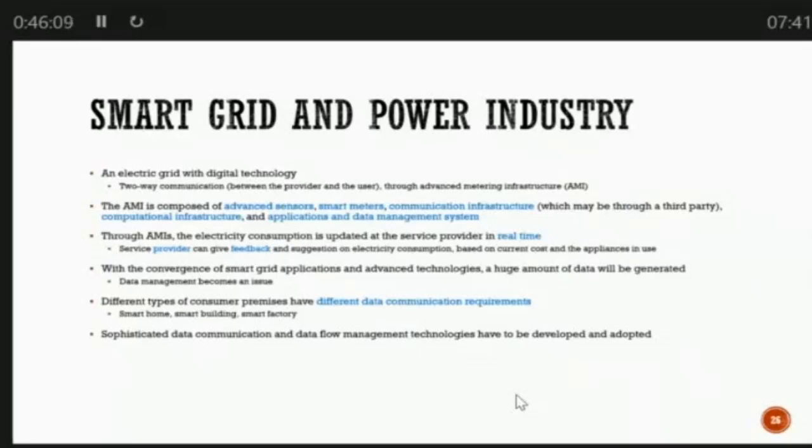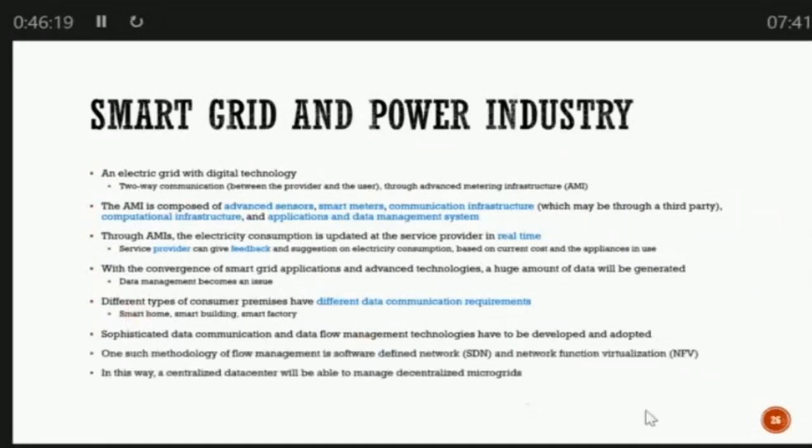It is important because you need to determine your correct data communication and data flow management techniques based on your type of users. This means that you have to build flow management and perform tasks related to flow management. How is it possible? It is possible through software defined network or SDN and network function virtualization. Do you think SDN and NFV would be possible without fog computing? No, it's not. So this is why you need fog computing in the smart grid industry and power industry.